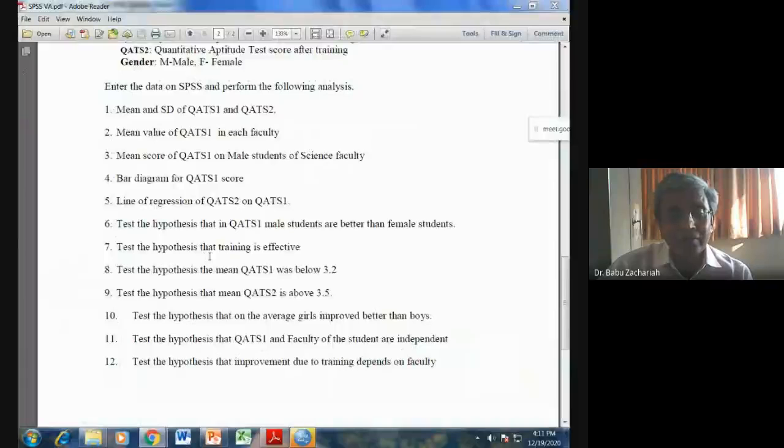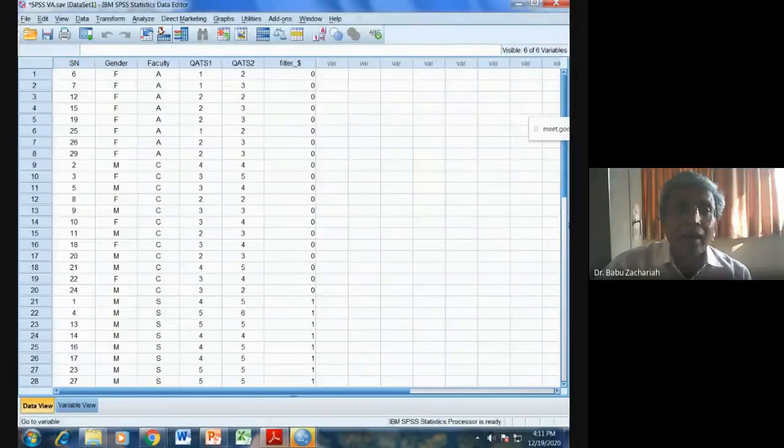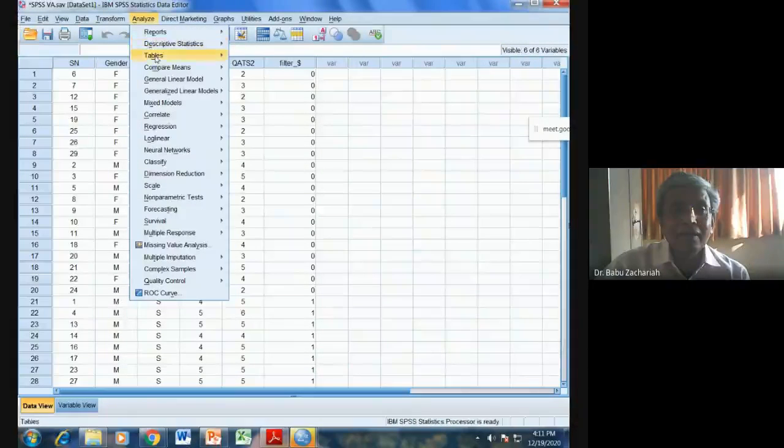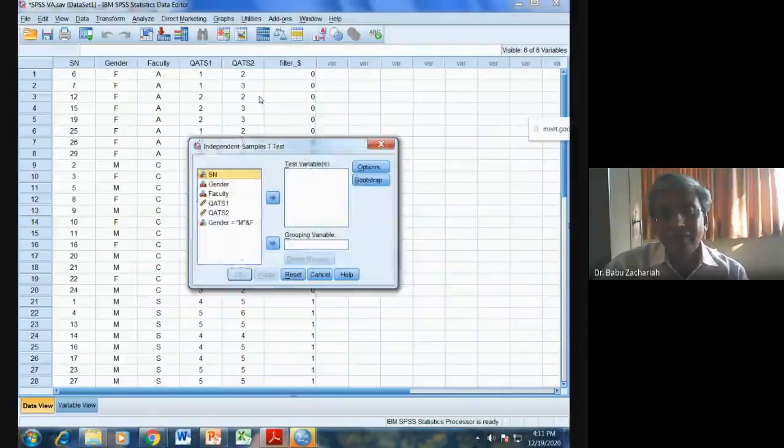Okay, so we'll come back to the testing. Test the hypothesis that in quartz 1, male students are better than female students. So what we need to do is come here: analyze, compare means, independent samples t-test.